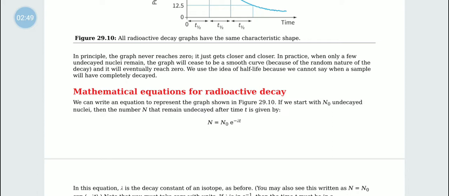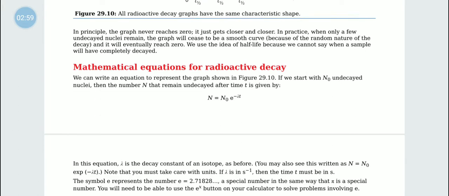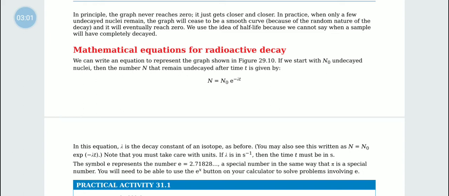Then the number N that remain unchanged after time t would be given by N equals N0 e to the power negative lambda t. Lambda is the decay constant from the earlier situation. You might also see this written as N equals N0 exponential negative lambda t.